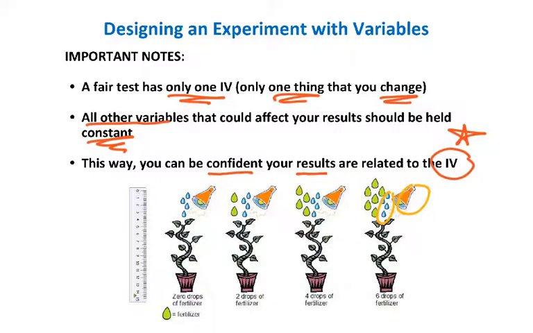It's not going to affect your results. Does it matter who waters the plants every day as long as they are watering them the same amount and doing the exact same procedure? Probably not, right? So when you're thinking about your constants, make sure you're thinking of variables that could really affect the results, okay? Because not all variables are going to affect your results.